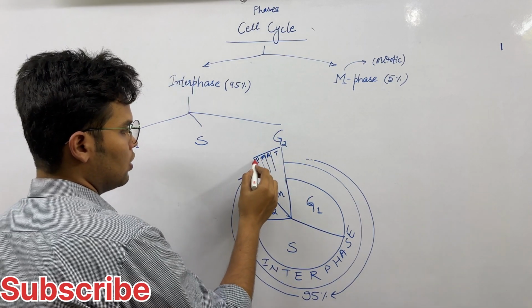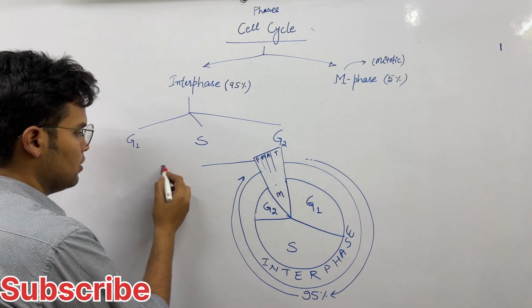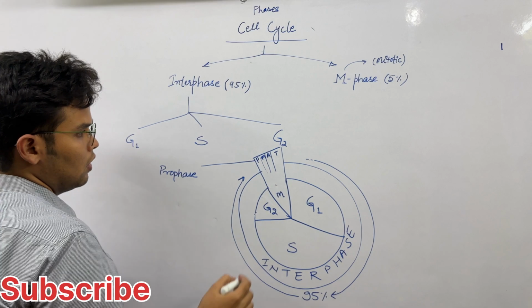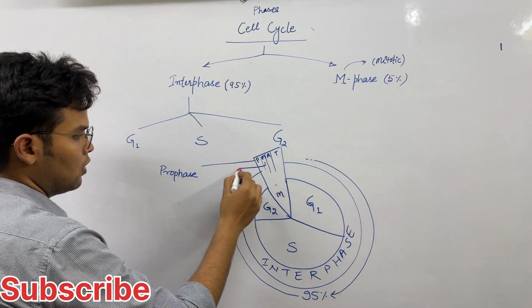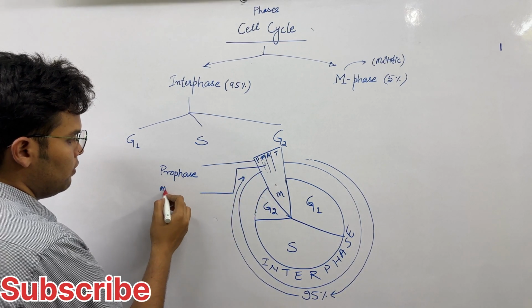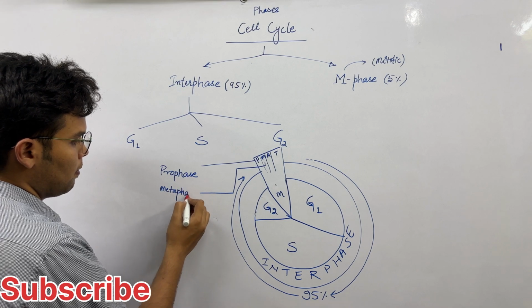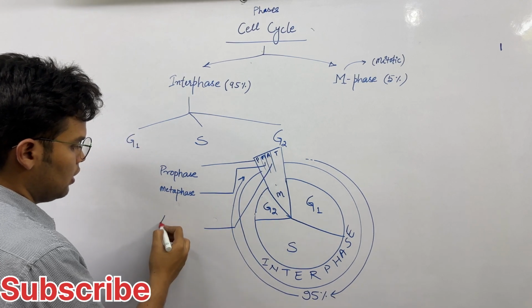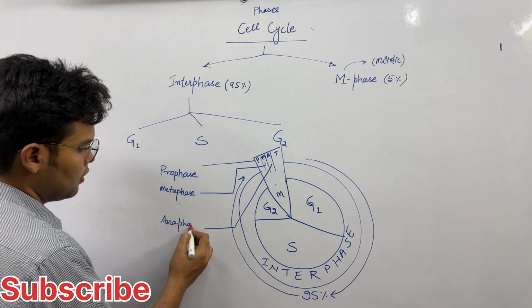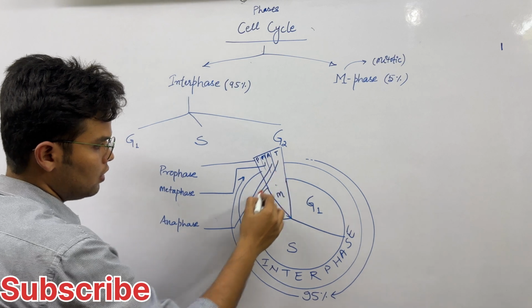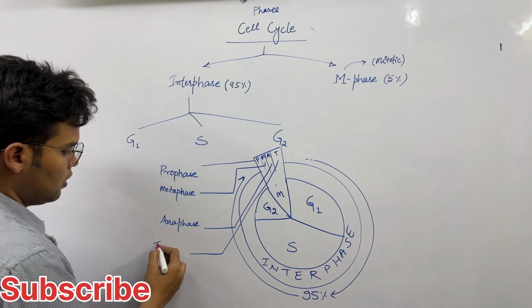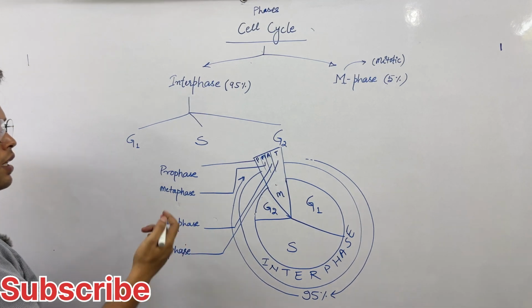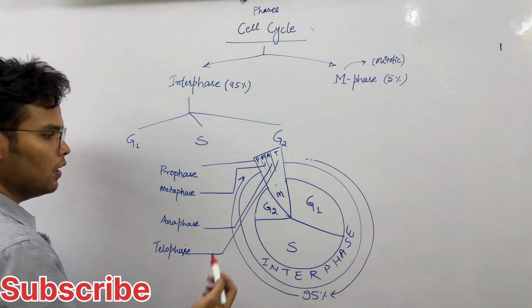P stands for prophase, M stands for metaphase, A stands for anaphase, and T stands for telophase. So these are the four subparts of M phase.